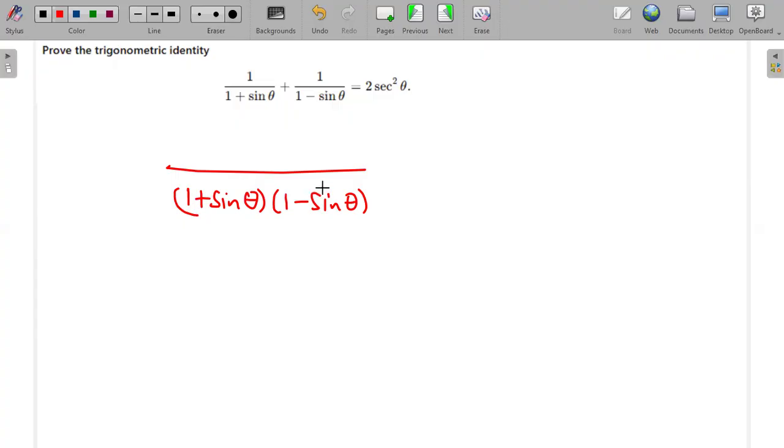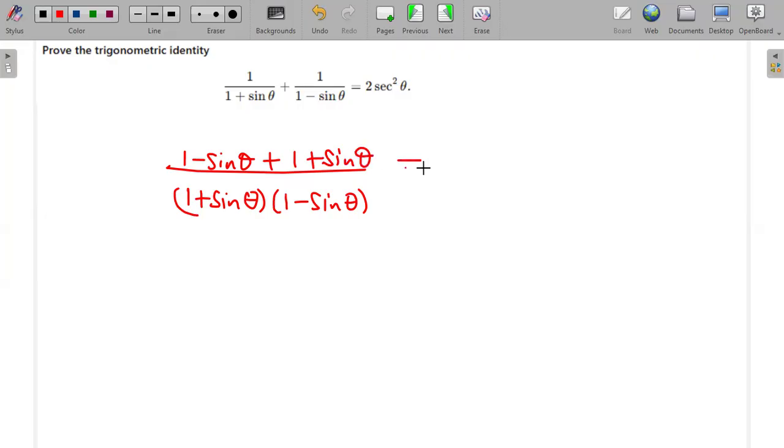I multiply that by a 1 on top, I get 1 minus sine theta. Okay, plus 1 minus sine theta here cancels out with this. I get 1 plus sine theta, multiplied by the 1 on top, I get 1 plus sine theta.